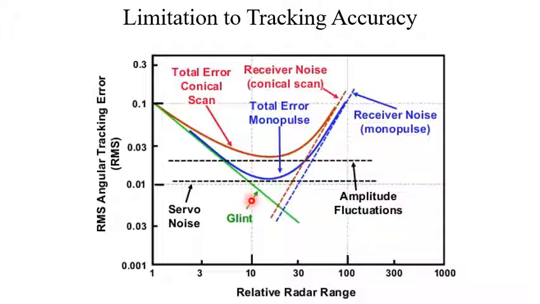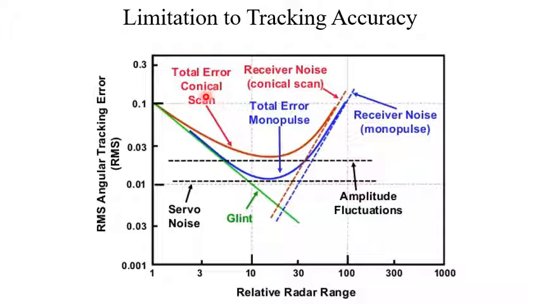Now if we add all these noises, the total error for monopulse will be like this. So at lower range, glint predominates, and at higher range, receiver noise predominates.